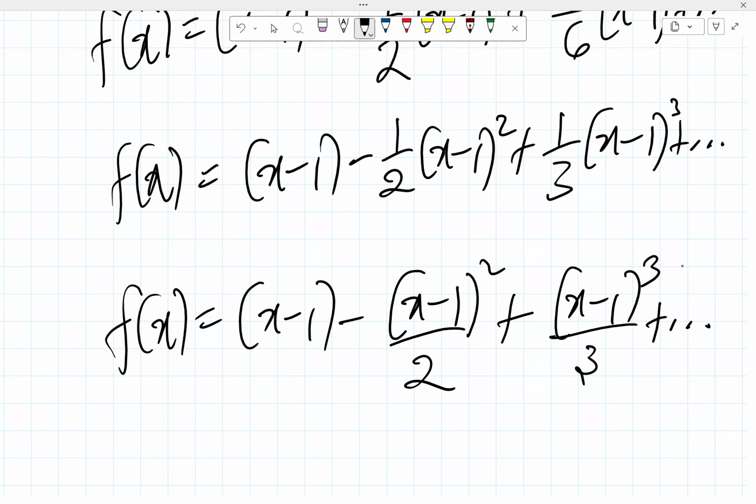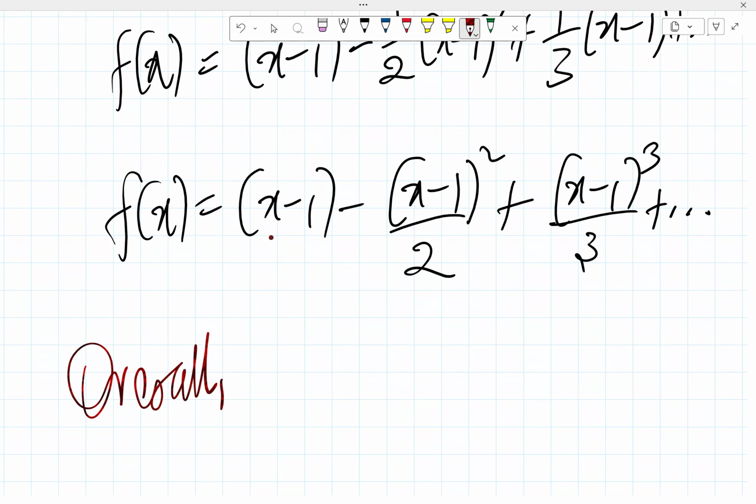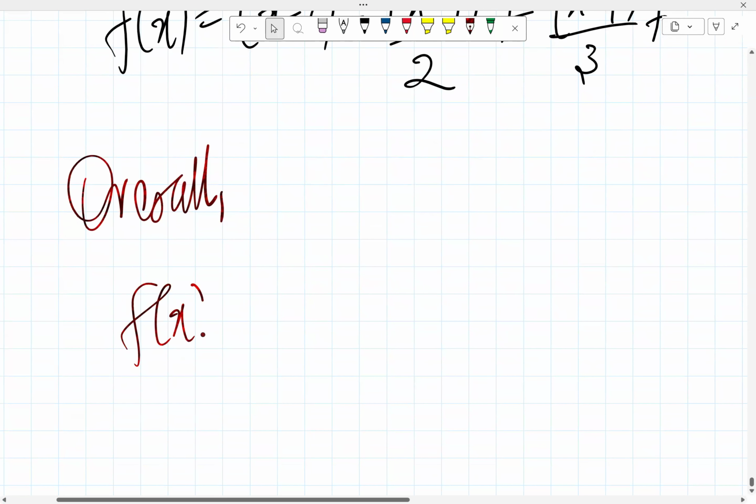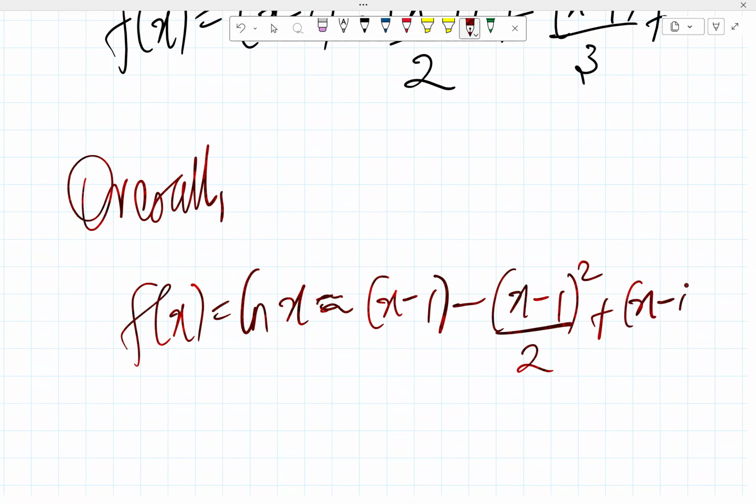So we can generalize, right? Overall, f of x, which is ln x, can be said to be approximately x minus 1, minus x minus 1 squared all over 2, plus x minus 1 cubed all over 3, and so on and so forth.